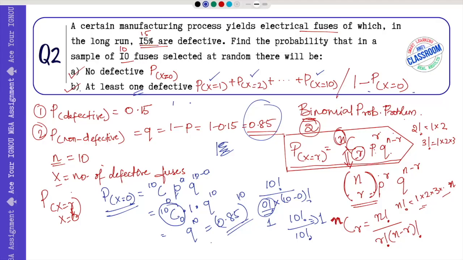Right? I hope so. In quality control, this kind of calculation, once again I'm repeating, is a very, very important type of problem, not just for your term examination or assignment, but also for your future. This kind of calculation decides inspection policies. If the probability of at least one defective in a small sample of say 10 is over maybe 50-60%, then it tells the company that defects are too frequent and more rigorous checks or process improvements will be needed.